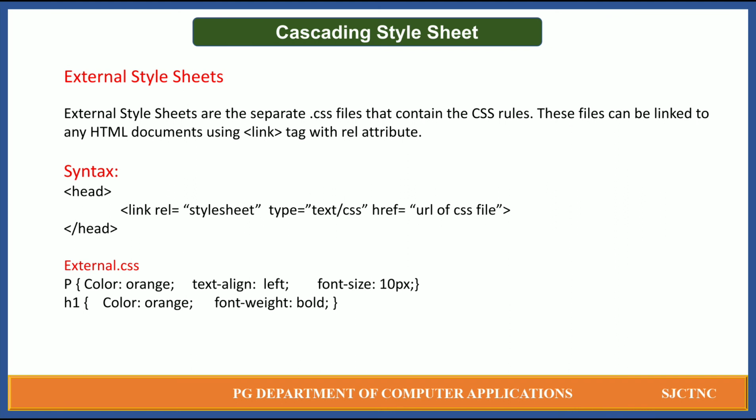Link rel equal to, within double quotes, stylesheet, then type text/css, then href, that is the URL where that CSS file is stored. A particular path will be given here. Here we have external.css, that is the file name. Within that file we have two styles, paragraph and h1 styles.